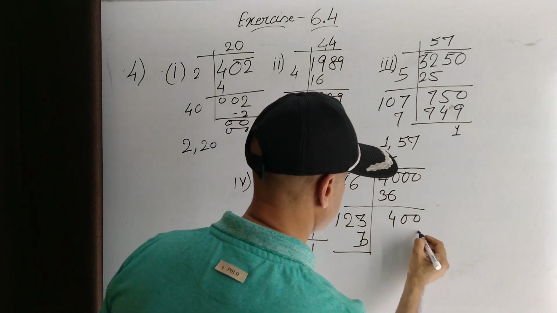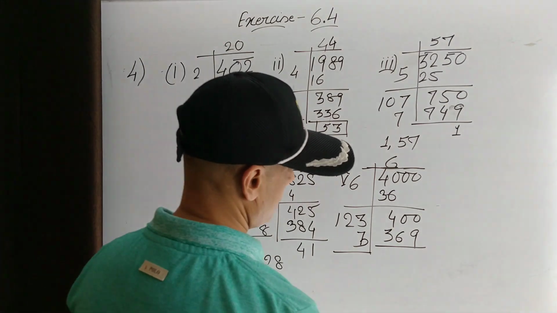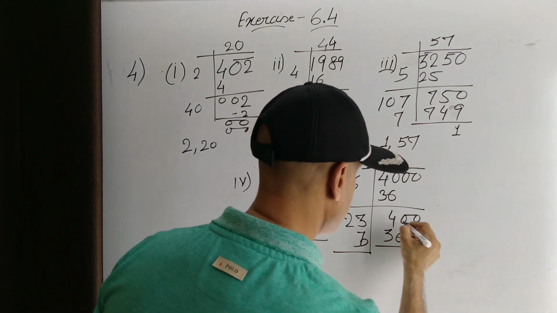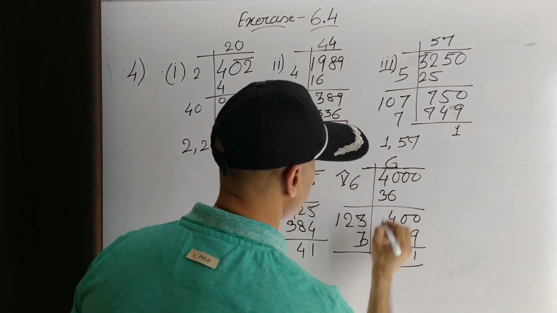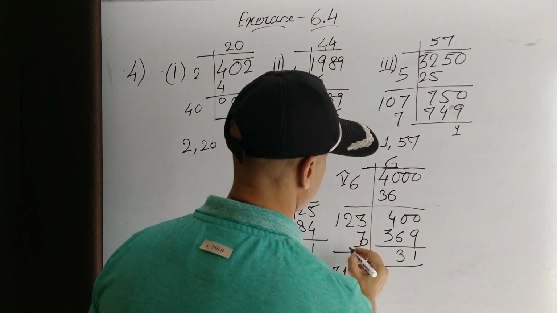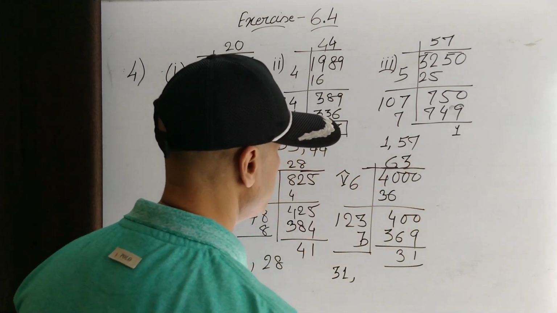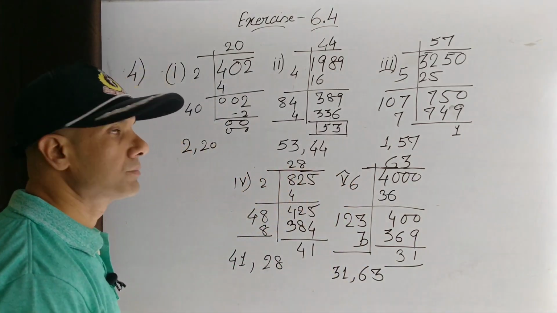So let's see, this will be 9, and this will be 6, and this will be 3, and we'll have 1 here balance, and this will be 31. So if we subtract 31 from 4000, we'll have a perfect square, and the square root of that number will be 63. Clear?